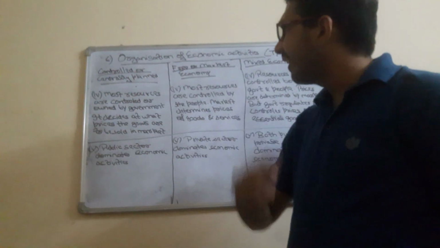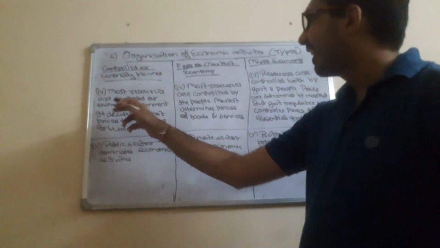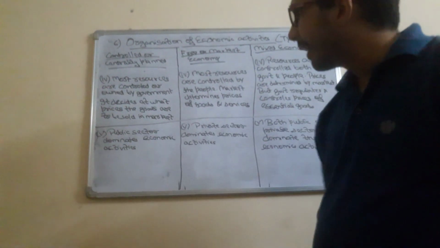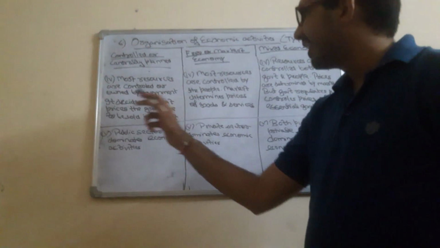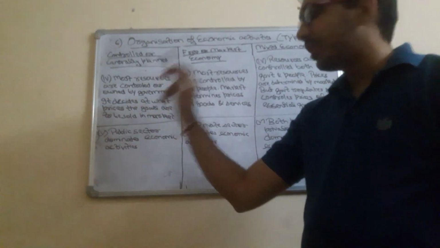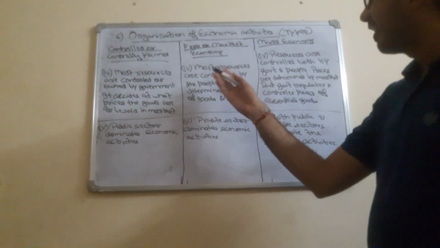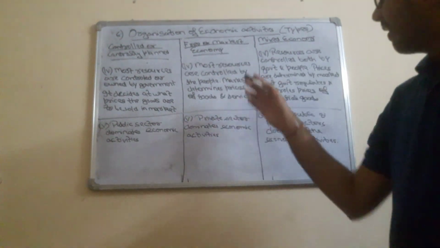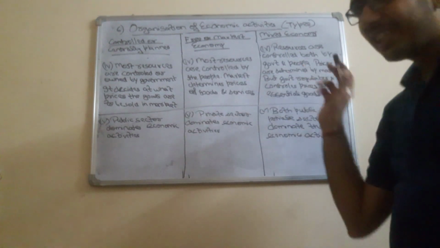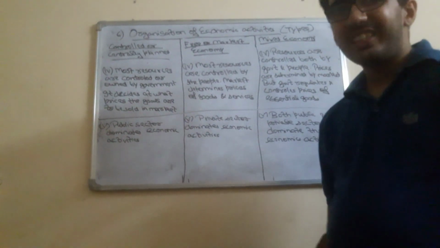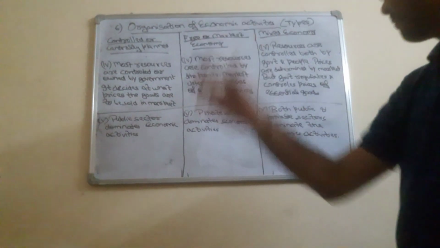In controlled economy or centrally planned economy, most resources are controlled by or owned by the government. It decides at what prices the goods or services are to be sold in the market. Whereas in free or market economy, most resources are controlled by the people. Market determines prices of goods and services by market forces, as told you before, demand and supply.